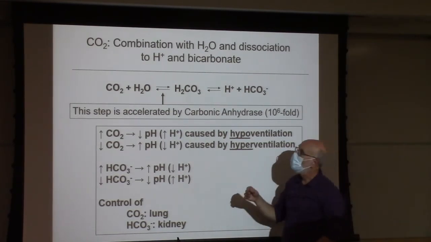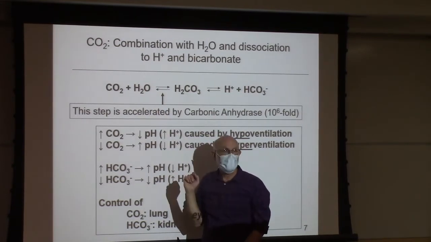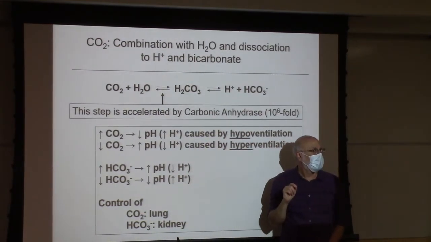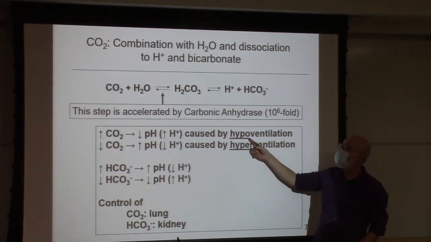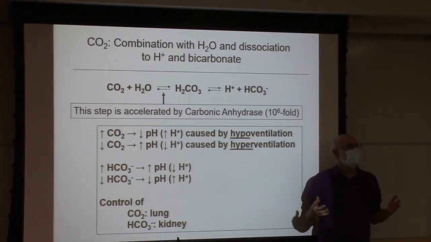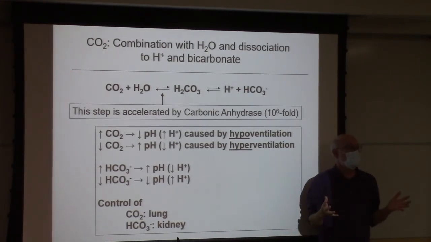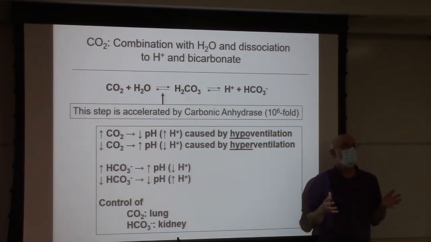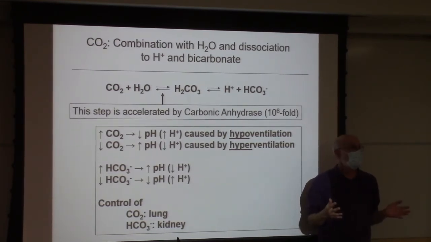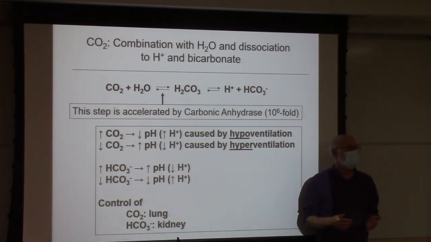So let's just play around with this. If there is increased CO2 in your body, elevated CO2 because you're not ventilating enough. Let's just say you're producing CO2. Let's imagine a situation where you were exercising, but something was preventing you from increasing your respiratory rate and your tidal volume. So you were ventilating at, say, a resting rate, but your body was producing 10 times as much CO2 as it was at rest.